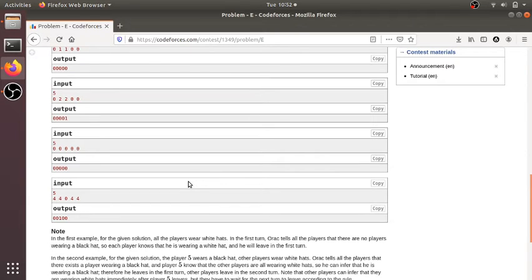So if nobody is leaving and they're seeing that the first row guy is either a black hat or a white hat, after calling 4 times, they would know. Let's say the first guy is wearing a black hat. Okay, this is pretty complex.